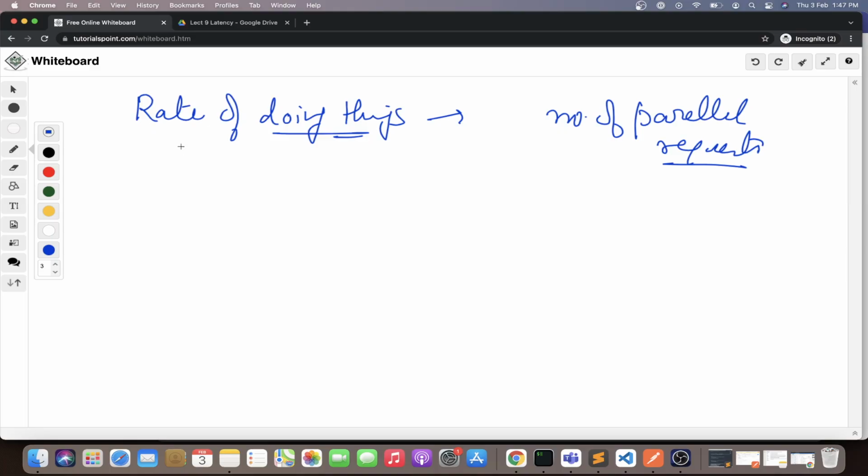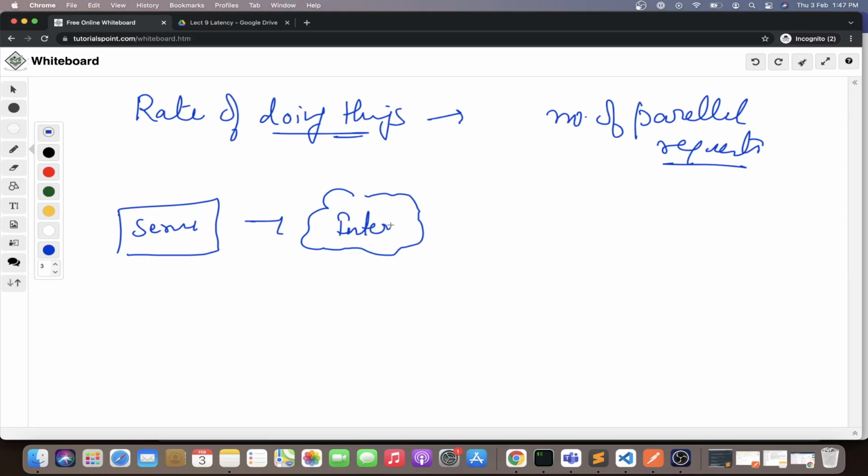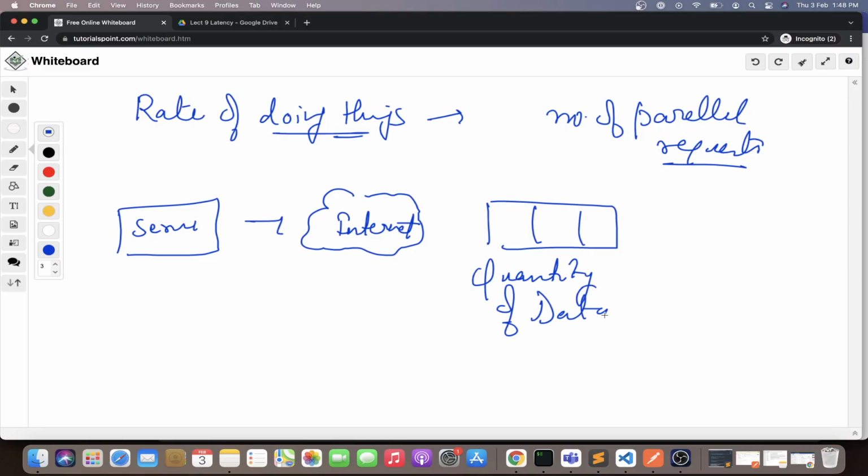So the process flow rate is something like this. This is the server. This is the internet. This is the quantity of data. This is the modem, and this is the end device, the last step.